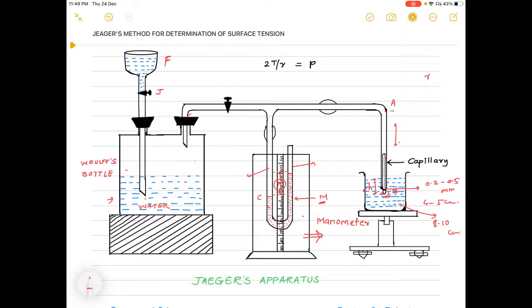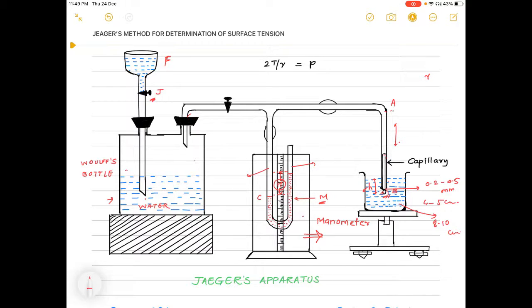If you control the dropping of water into the Wolf's bottle from the funnel by using this knob J, we can maintain that time difference between the formation of two bubbles, which has to be more than 10 seconds.